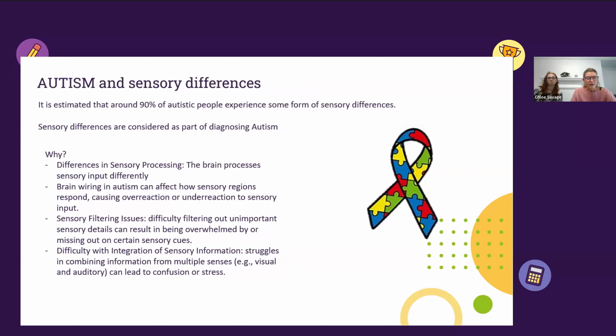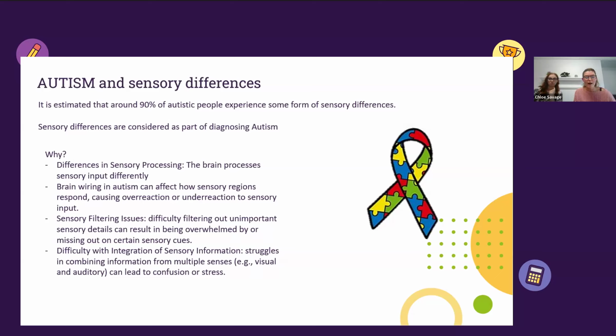Some of the reasons why that could be is that the brain structures in neurodiversity and autism specifically are different, or can be very different, to the brain structures of people without autism. And this can have all sorts of effects. It can affect how autistic people receive sound, or rather, the senses.